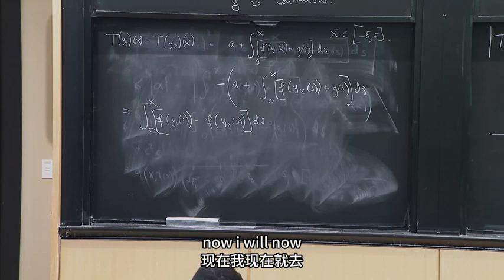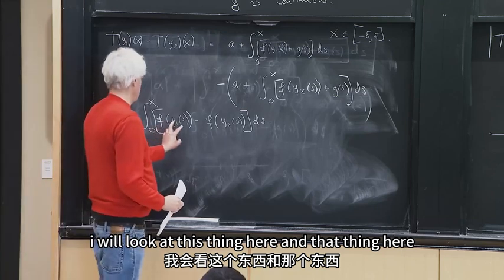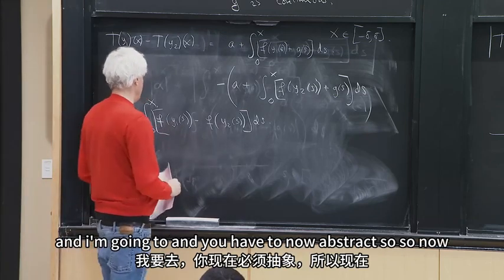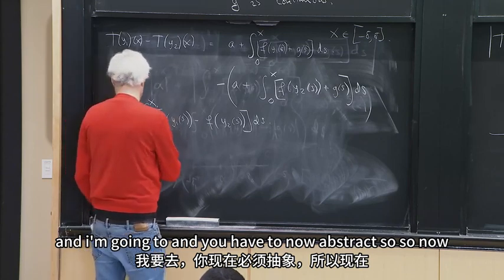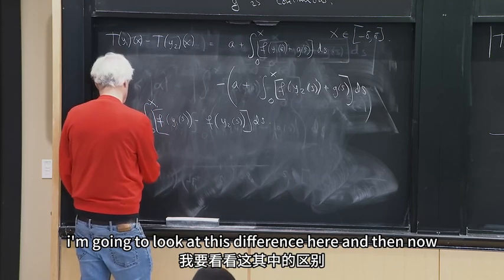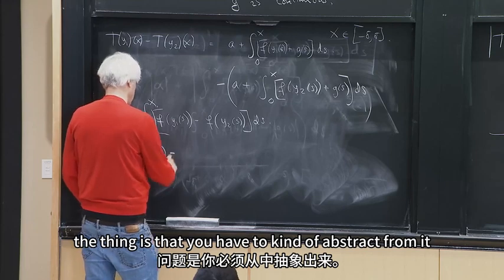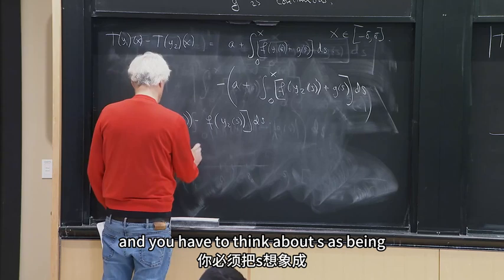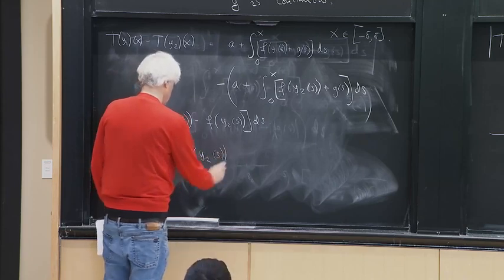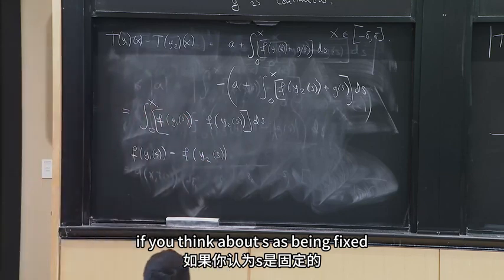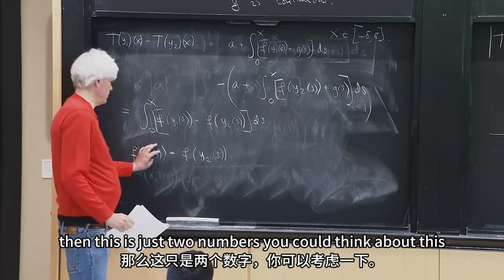Now I will look at this thing here and that thing here, and you have to abstract. So now I'm going to look at this difference. If you think about s as being fixed, then this is just two numbers.